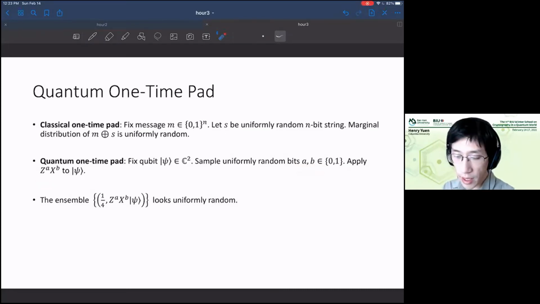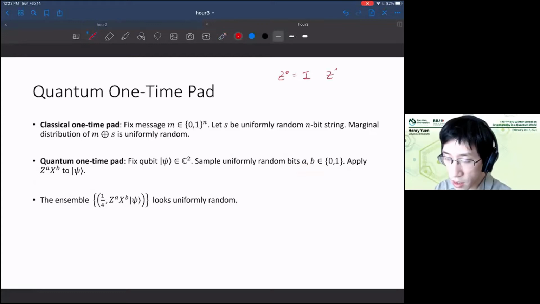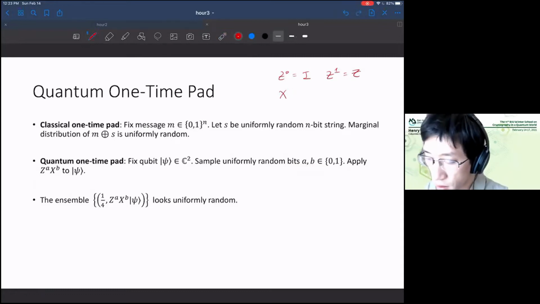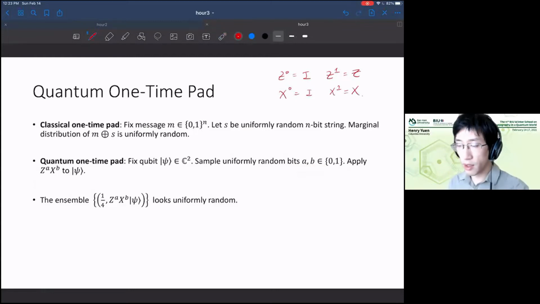So Z to the A is, if A is 0, then this is just identity. Otherwise, it's Z. So there's 4 possible combinations, and it looks a lot like the teleportation protocol. Which combination of X's and Z's and identity we apply.